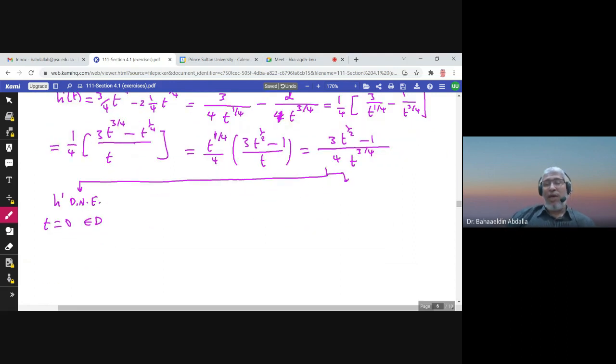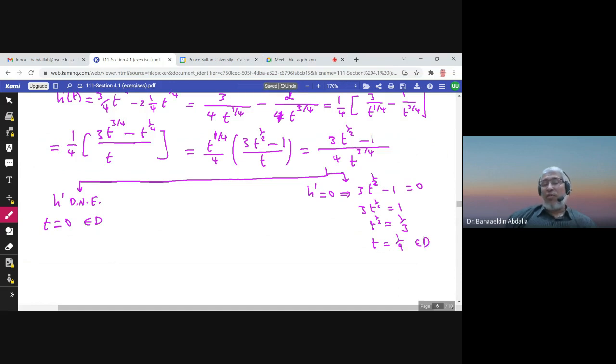Now, can h prime be 0? And the answer is yes, if the numerator is 0. So 3t to the power half equals 1. T to the power half, or square root of t, equals 1 over 3. So if you raise to the power 2, t would be 1 over 9.